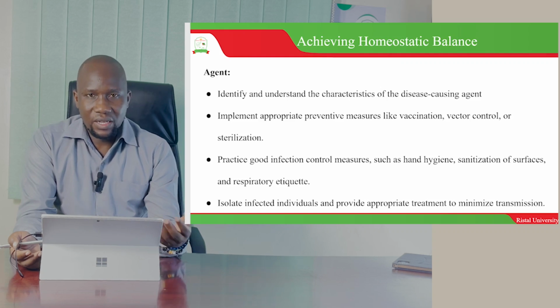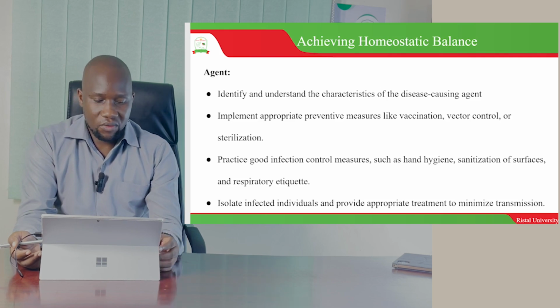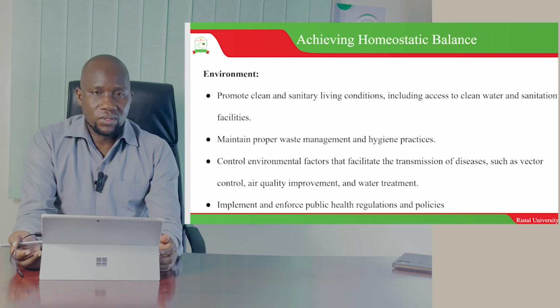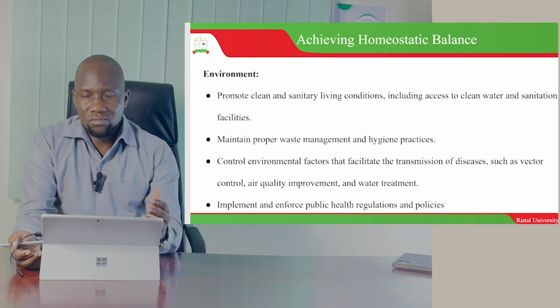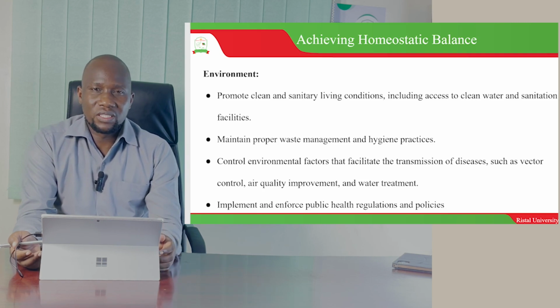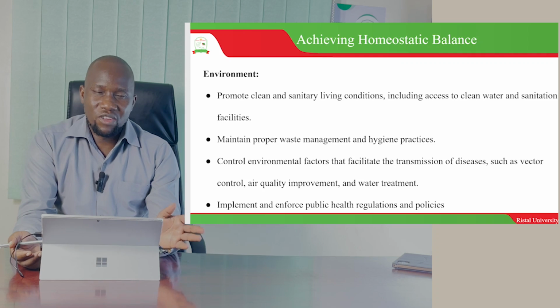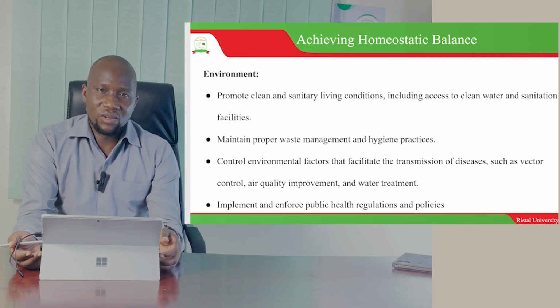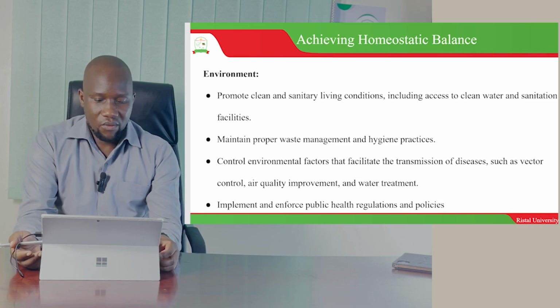All these are related to making sure that the agent is kept away. And then the same thing, the environment has to be clean, no stagnant water, no bushes around, removing all those environmental factors that can contribute to the breeding of these agents. Okay?